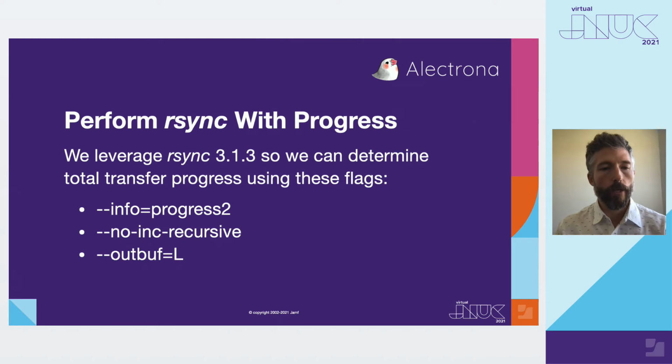And then also we use --outbuf=L so that we can capture that progress and then write it to a file, which can then be read on a periodic basis and then written into the process to populate the progress bar in DEP Notify.